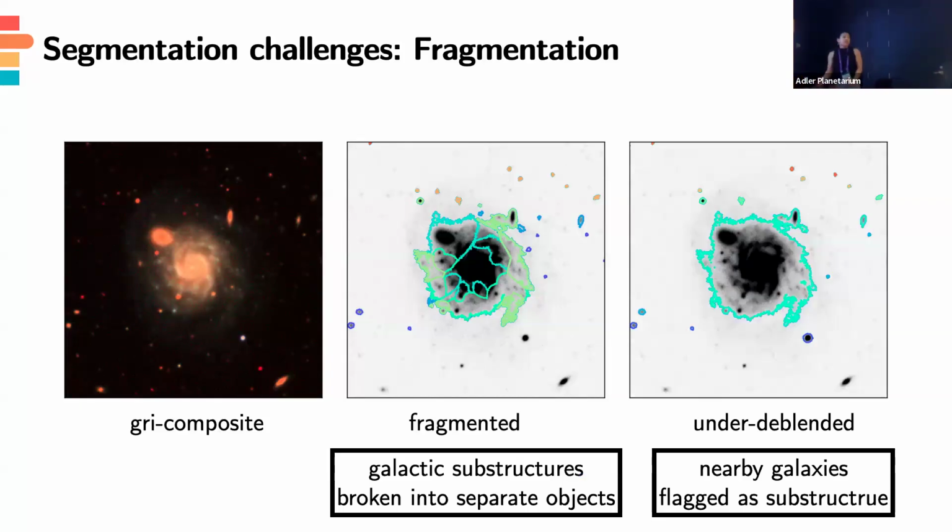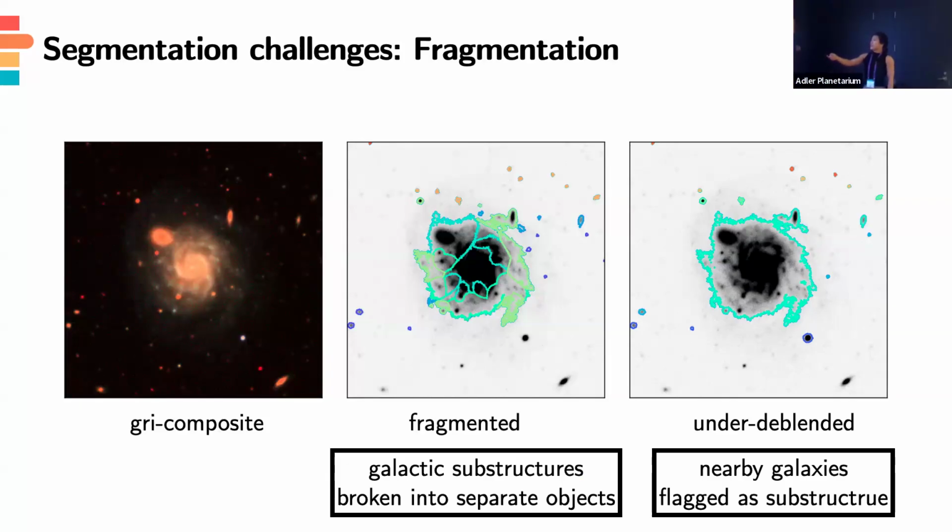But if we go too far in the other direction, we can get under deblended galaxies. So now our deblending algorithm is a little bit too scared, and it's saying everything is part of this main galaxy, and I'm just going to separate out things that are very well separated by sky background.